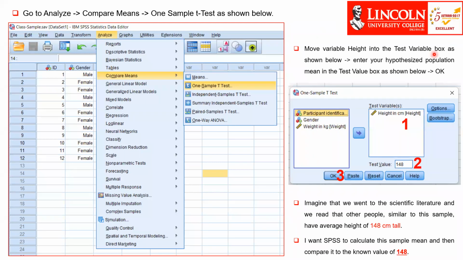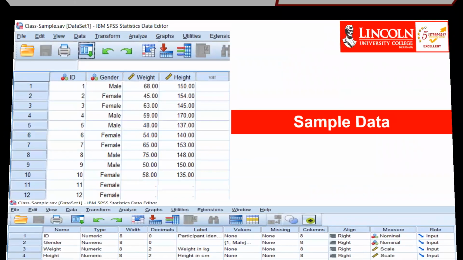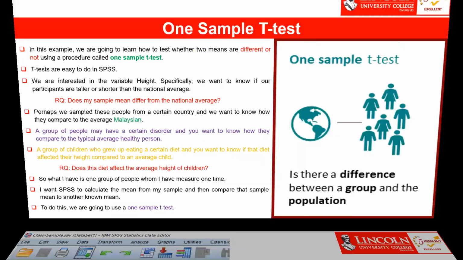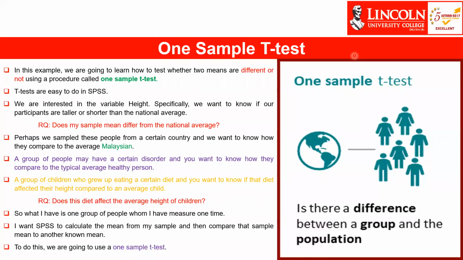Now, you need to move the variable. Remember, we want to compare the height. Now, look at this place. We are interested in the variable height. Specifically, we want to know if our participants are taller or shorter than the national average. That is our goal.